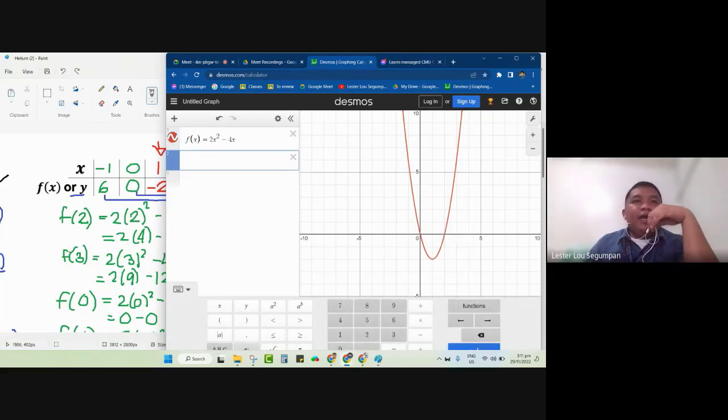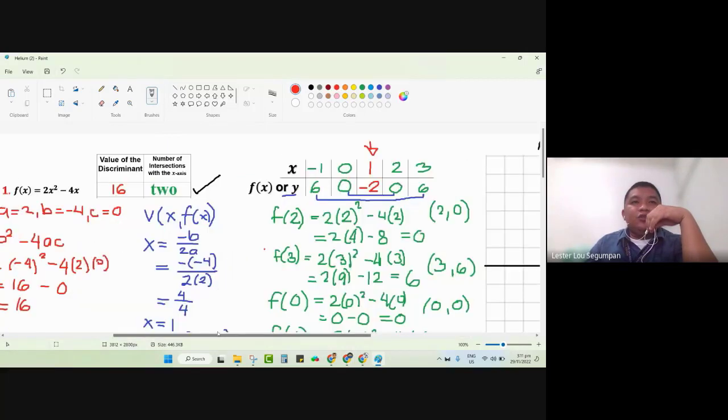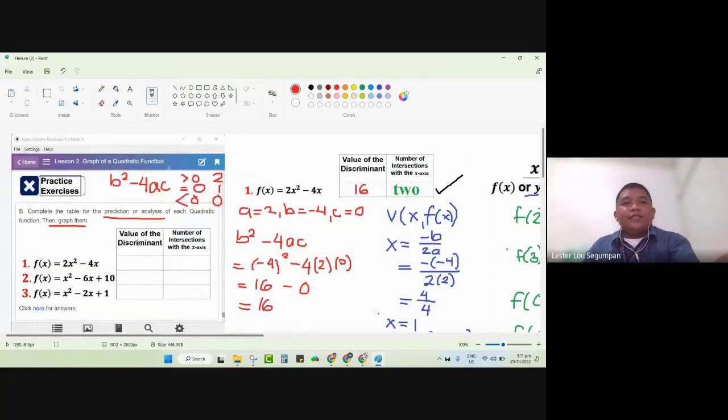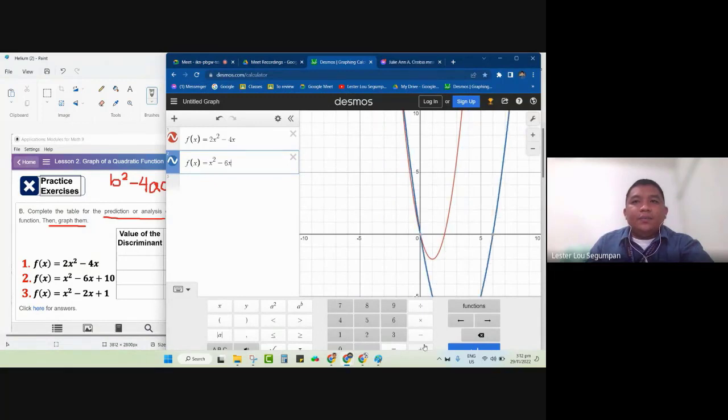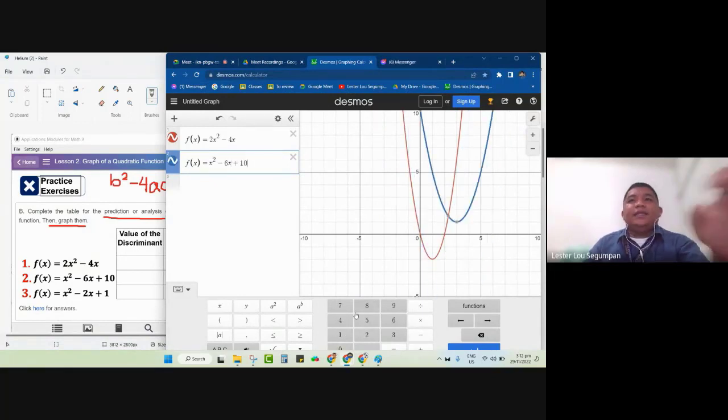If I add the next function to also verify it, for the second function, f of x is equal to x squared minus 6x plus 10. Look at the blue graph here. It does not pass through or intersect the x-axis.